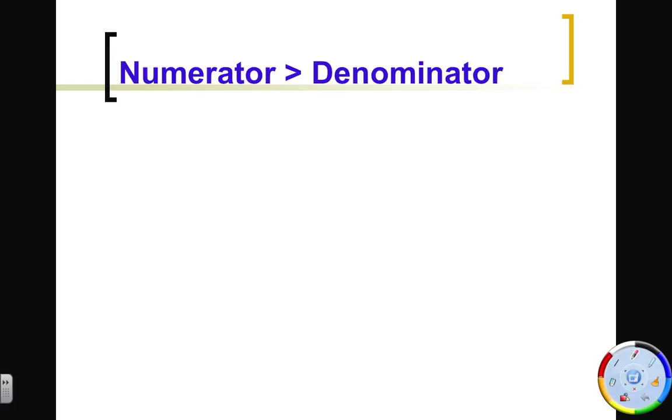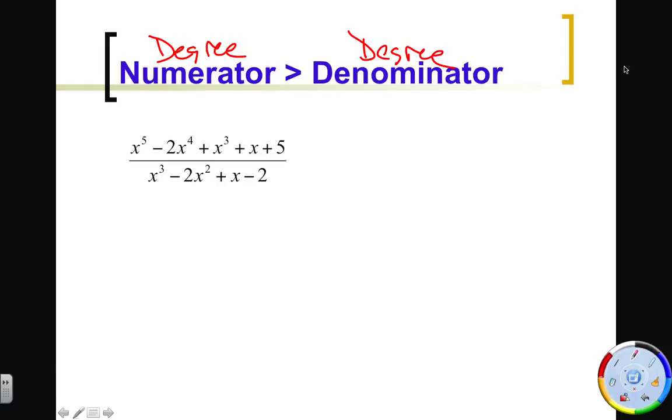What should be the last type here is if your numerator is bigger than your denominator, and I mean by degree. So if you have a cubic over a quadratic, and it's just like slant asymptotes, you would have to divide. Whenever I use PFD, that means partial fraction decomposition, by the way.